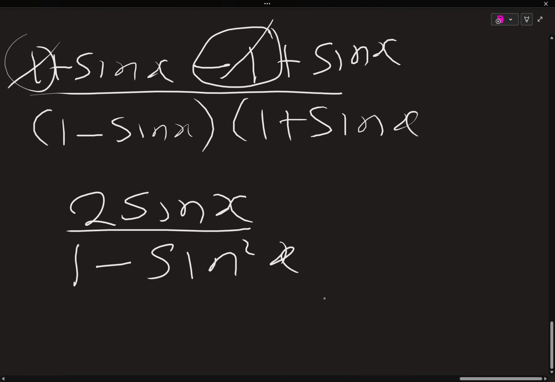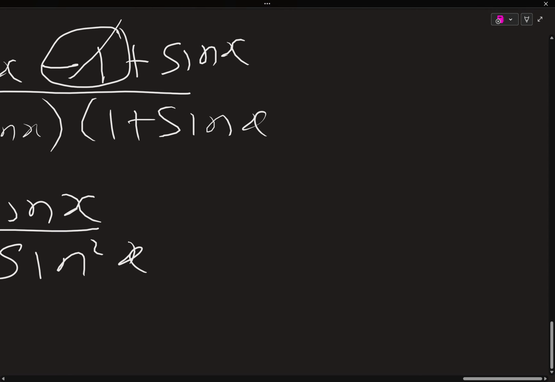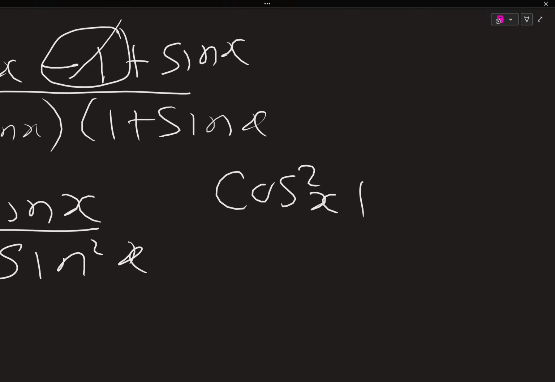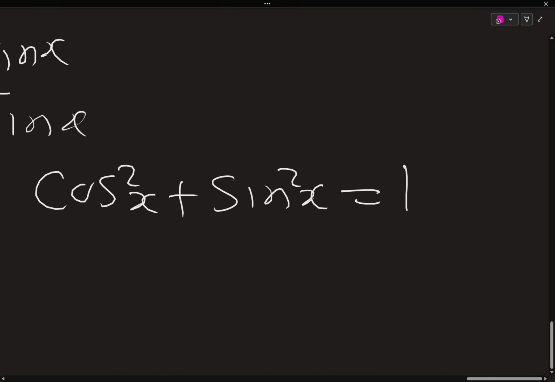From there, we move on. This is an identity under Pythagorean. The identities that I gave you under Pythagorean, if you haven't seen them, go into my previous video, you're going to find them. So this is simply this identity, if you remember.